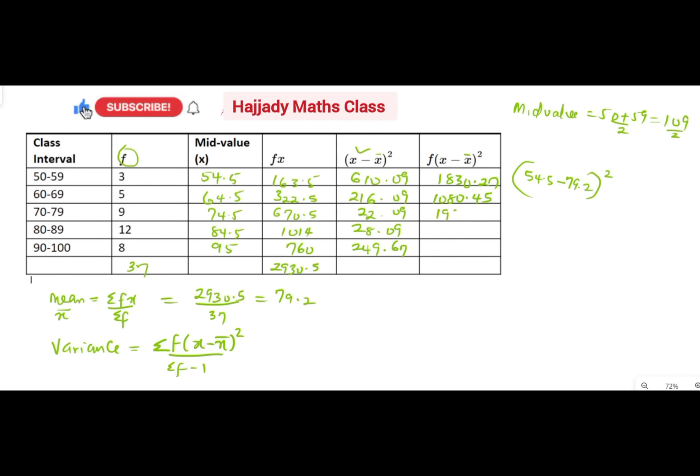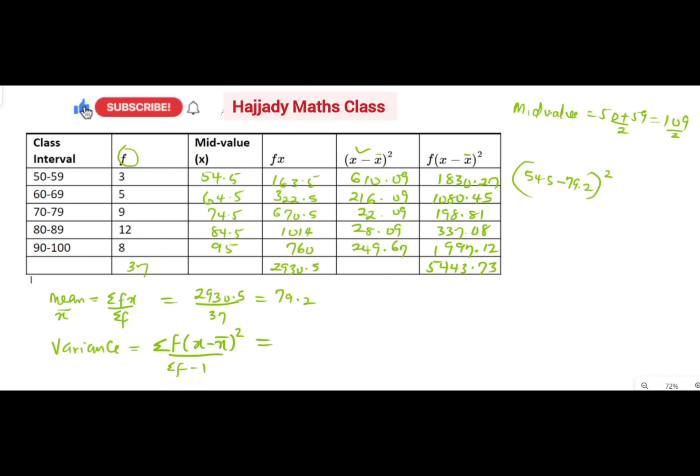I'm going to have 198.81. Here 337.08. 1997.12, and the summation of everything is going to give me 5,443.73. You can use your calculator for that.